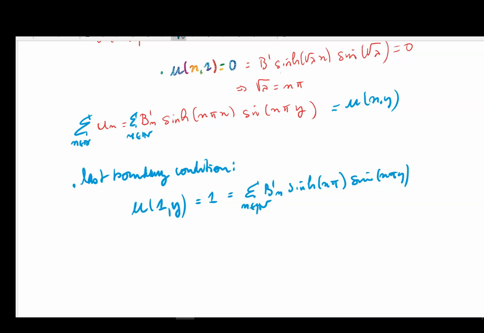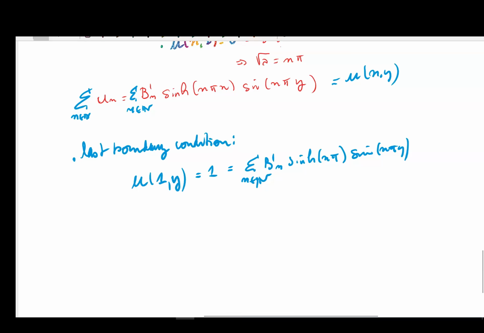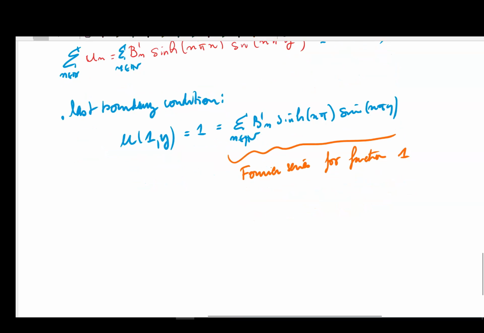And this is where we're doing the same stuff as usual. We are going to reinterpret this as the Fourier series for the function 1. But which one? Extended, since I've got a sine Fourier series, it means that it has been extended by odd parity and periodized.